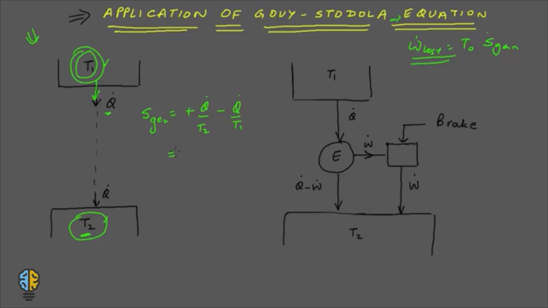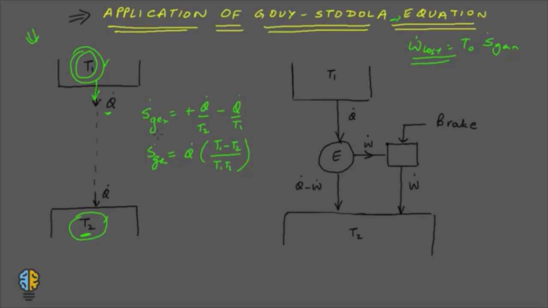If you solve it, you would get Q dot into T1 minus T2 upon T1 T2. So this is the rate of entropy generation.